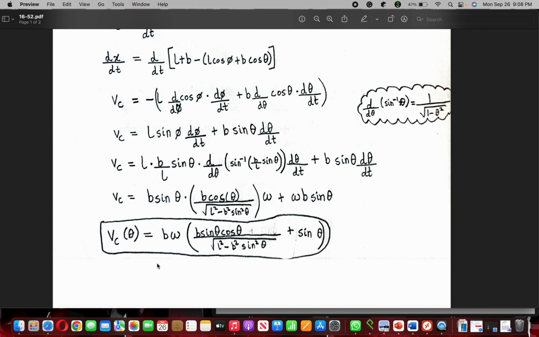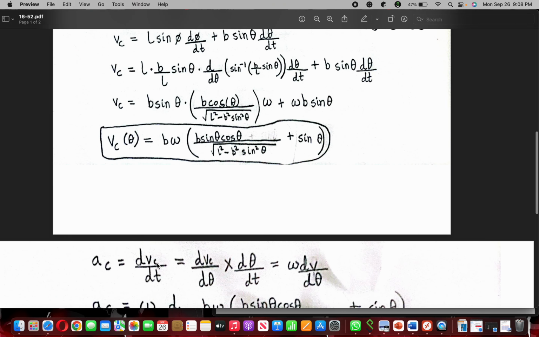So this is the simplified equation we get after differentiating the x.